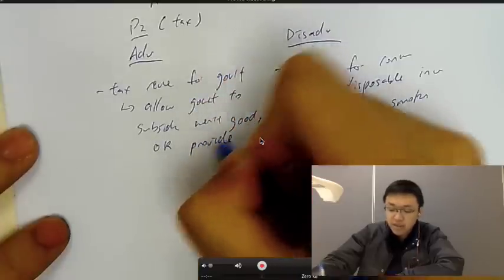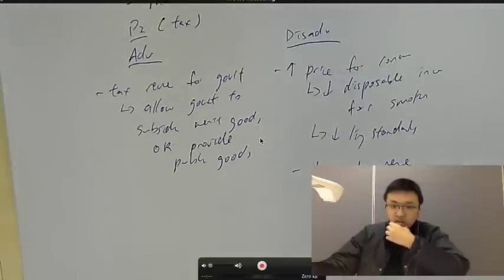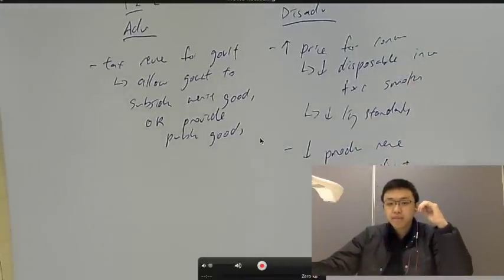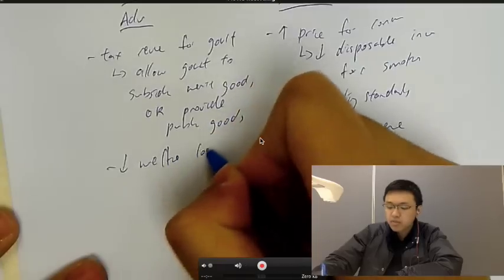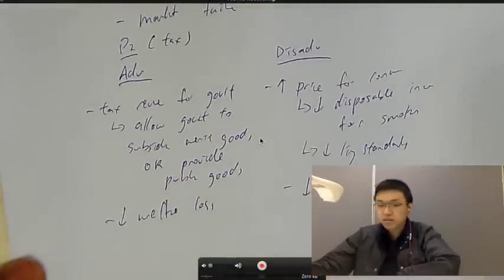So to solve other cases of market failure. Okay? How about in terms of society? So you know, cigarettes are overproduced in society, right? So there's a welfare loss. Right, so this is going to reduce welfare loss. All of these points, you should explain it relating to the diagram. You should draw a diagram here and then relate the diagram to these points. But for this video purpose, I don't think there's a need to.